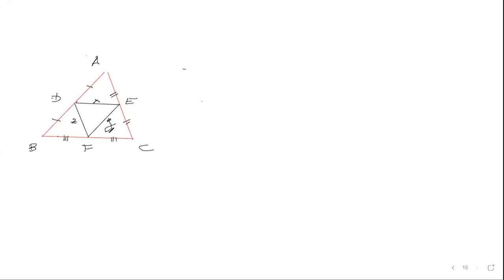So this must be X. And likewise, this is Y, that turns out to be Y, and that turns out to be Y. And this is Z, this turns out to be Z, because this Z here is half of this, again by the midpoint theorem.